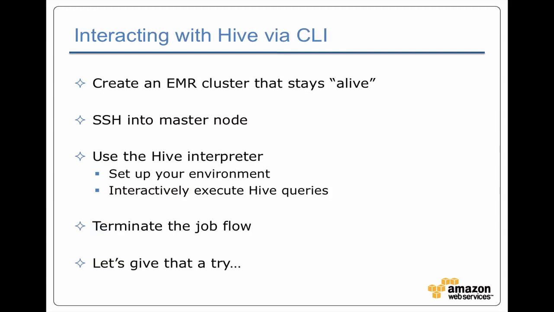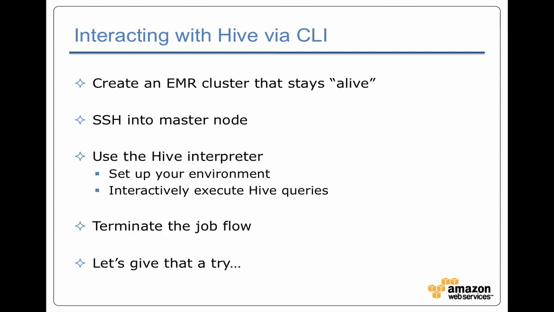So in that case, the solution is you start up an interactive session, and then you fire up the Hive interpreter via the command line tool, and this then lets you try out scripts interactively. So what you need to do is you start up your EMR cluster, your Elastic MapReduce Hive cluster, in a sort of stay alive mode, and you don't actually run a script.